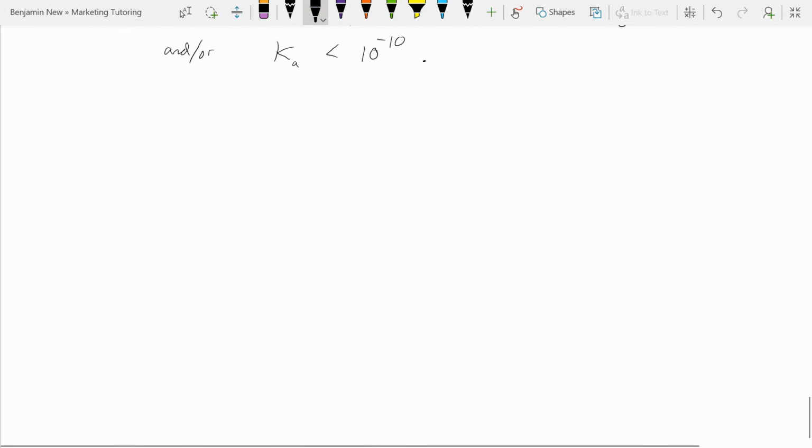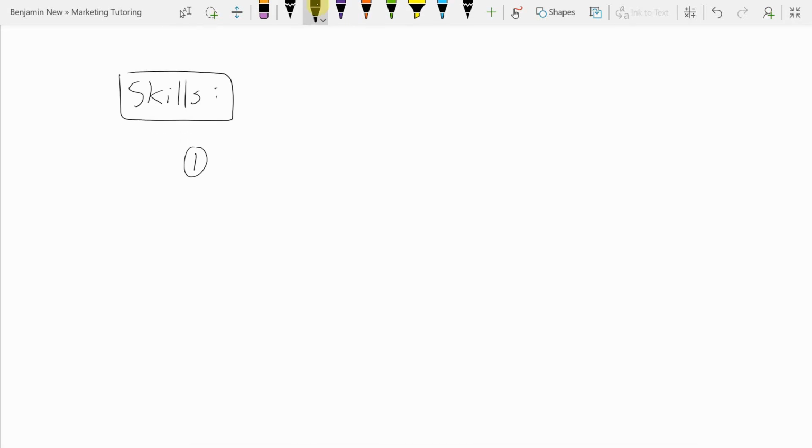There's two key skills that we've developed in this type of problem, and this is really in chemistry in general. Two skills. One is what I call storyline sequential thinking.